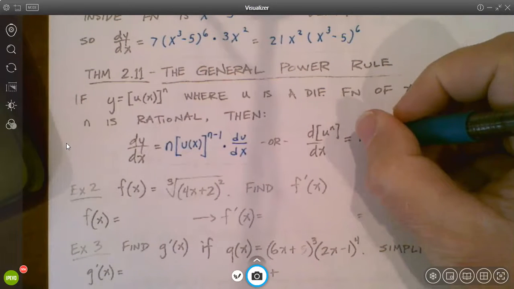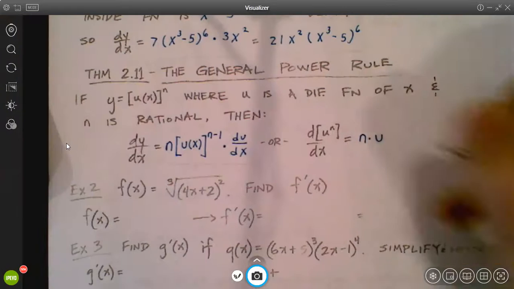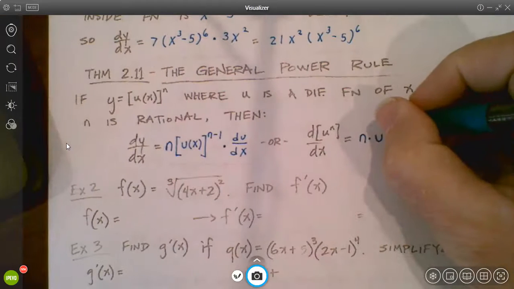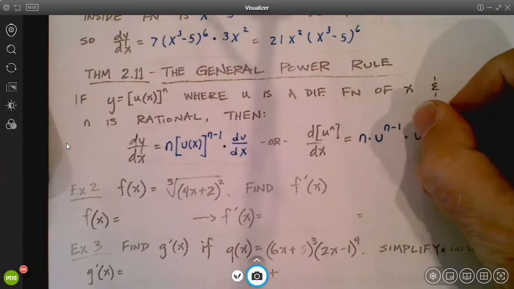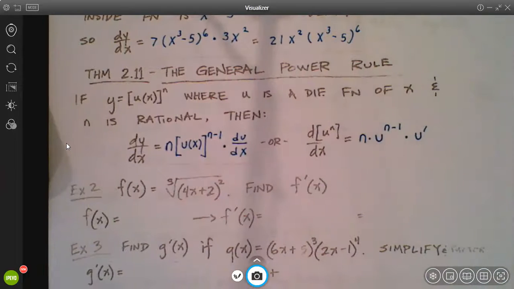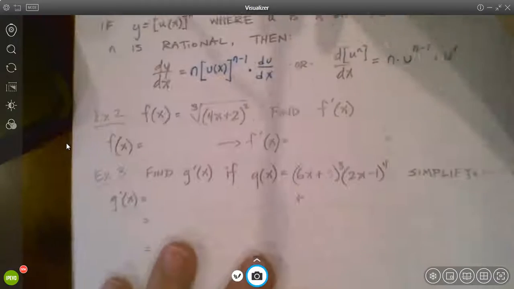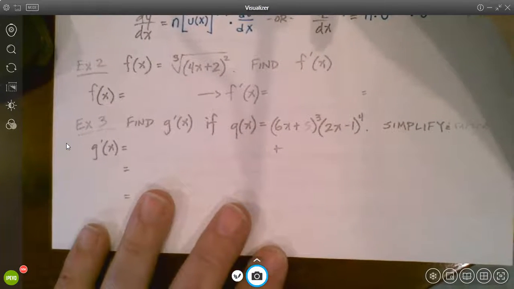We're looking at the interior function we're going to leave alone. We did subtract 1 from our exponent, and then we're going to multiply by the derivative of that interior function. And so we could write it this way. That's maybe a little easier way of looking at it. So let's try that on a couple of these guys.